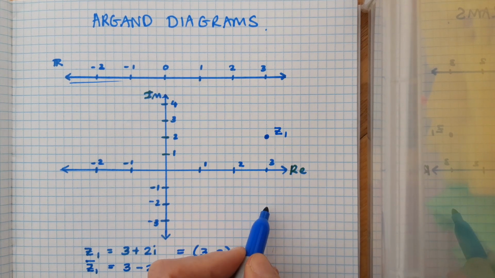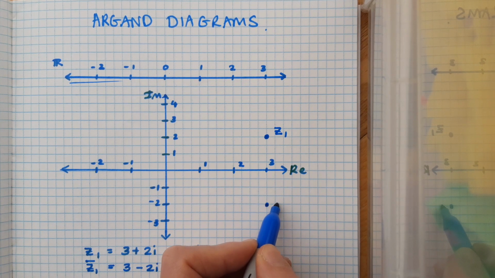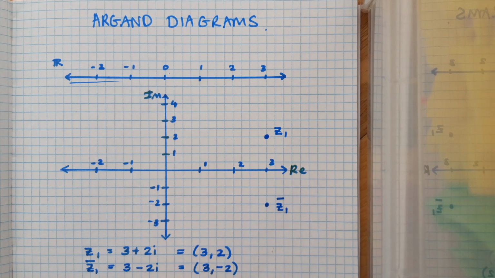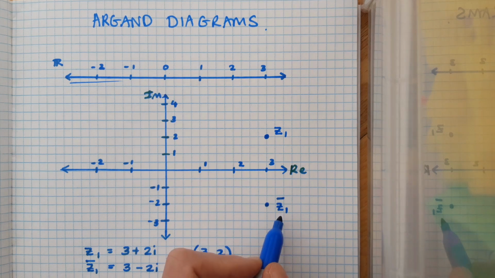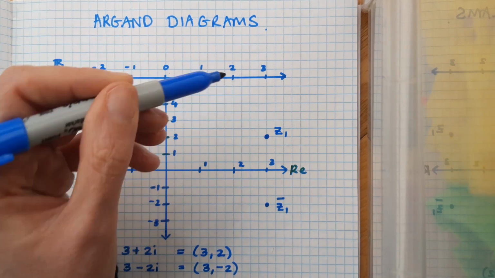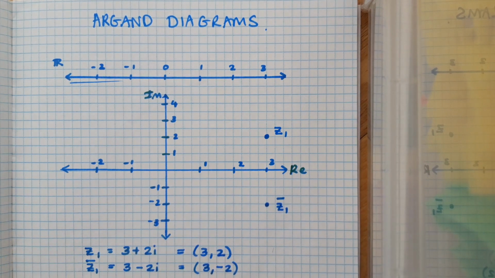So out to 3 and down to minus 2. And there is z1 conjugate. Take a moment to think about how z1 and z1 conjugate are related geometrically on the diagram. I can say that z1 conjugate is the reflection of z1 in the real axis.